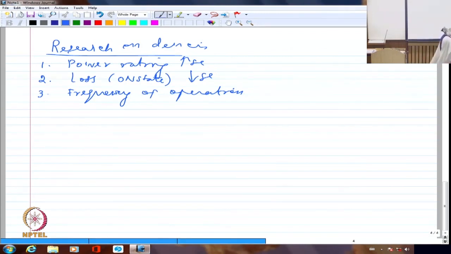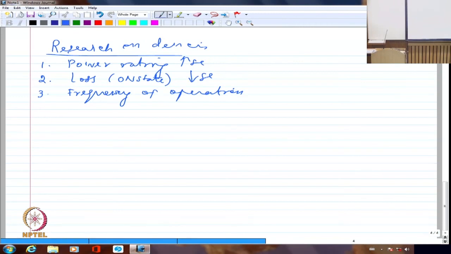But turn on and turn off can be quick only if the charge carriers can be emitted quickly and charge carriers can recombine quickly. Recombination essentially causes the off state of the device, and emission of the charge carriers causes the on state of the device.